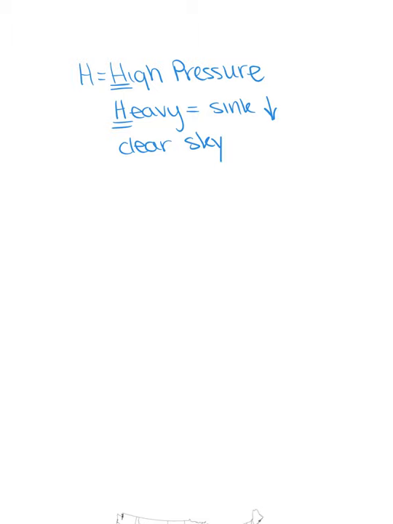Okay? We can also look at the color that we have. The color is going to help us to remember that these clear skies are blue skies. This blue is also going to remind us that it's cooler, because when I think about a freezer, or the color blue on the faucet, that represents cold.